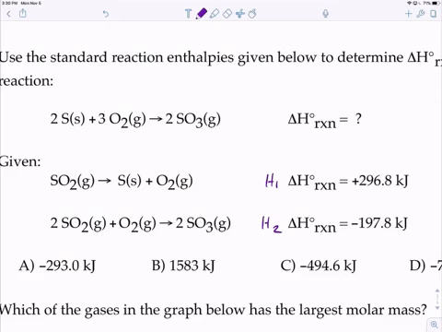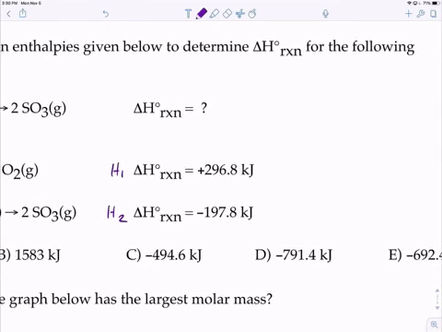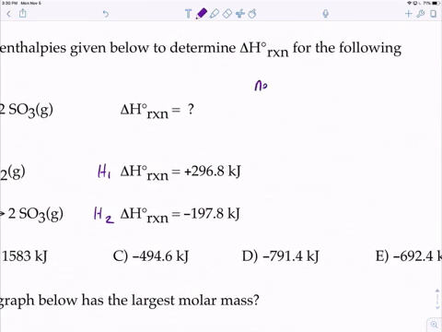So when we write these, we need 2S plus 3O2 make 2SO3.